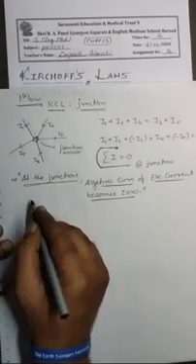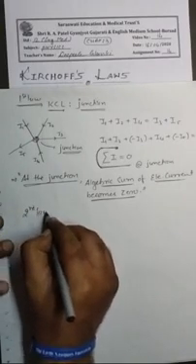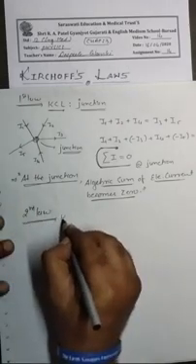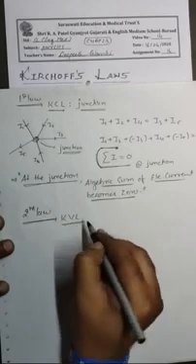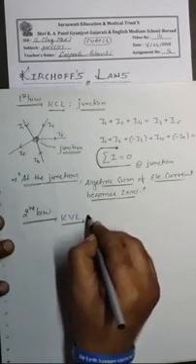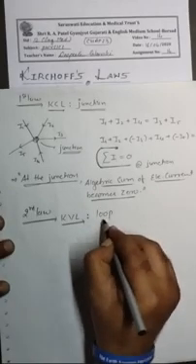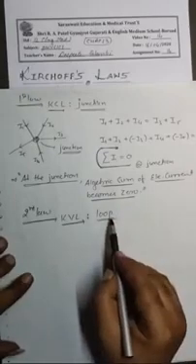Now let us see the second law. The second law is also known as KVL, meaning Kirchhoff's voltage law, and Kirchhoff's voltage law is applicable for a loop only. What do you mean by loop?